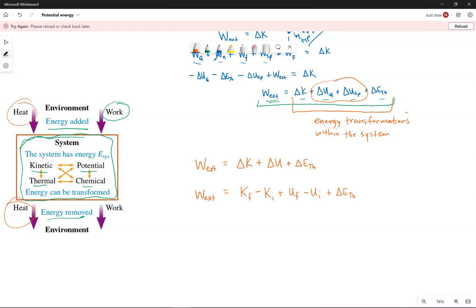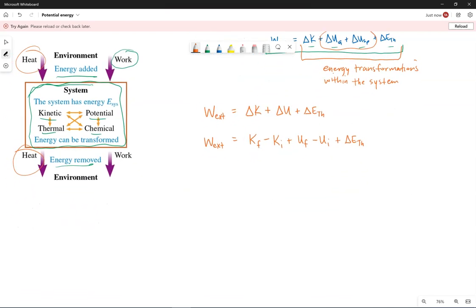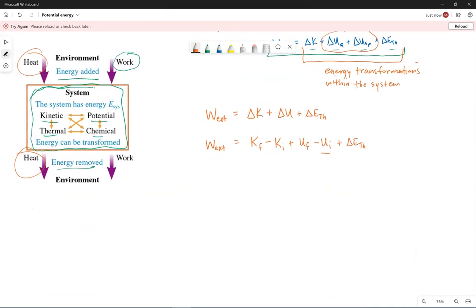We could call it just E thermal. Essentially, we're just saying some thermal energy is created or generated because of kinetic friction. If I bring the initial values over, my equation looks like this.